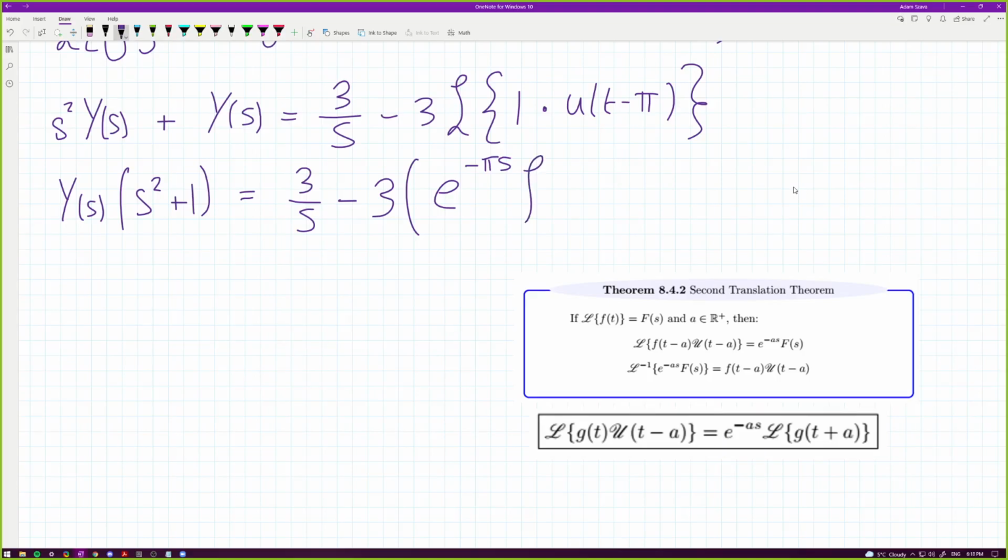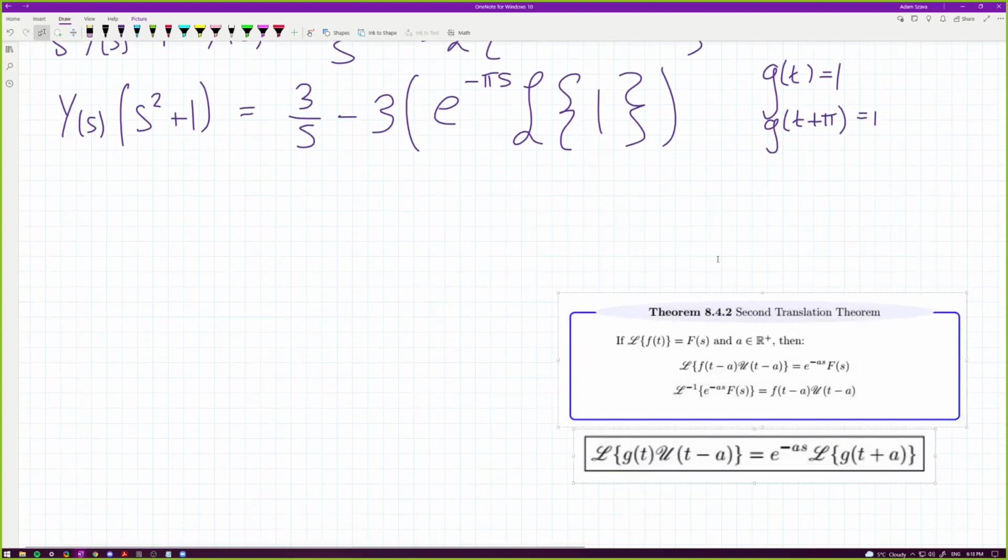And now we need the Laplace of g of t plus a, but our function's just 1. So if g of t equals 1, then g of t plus pi is also 1. So it's still the Laplace of 1 there.